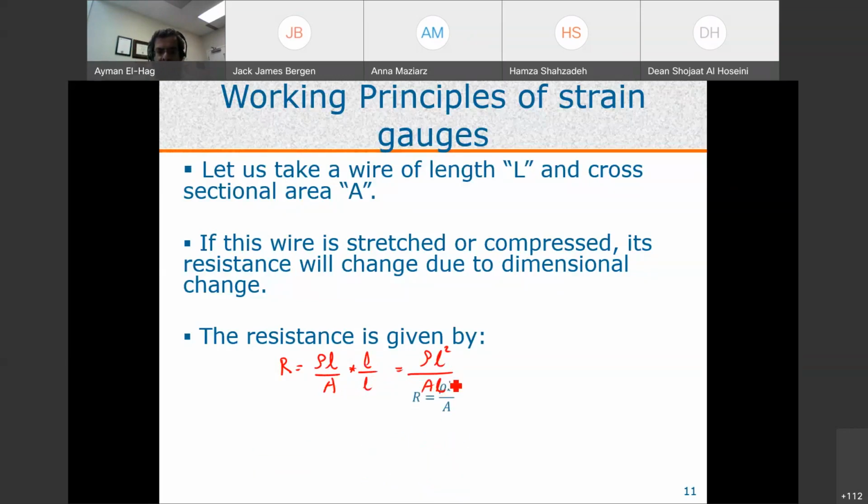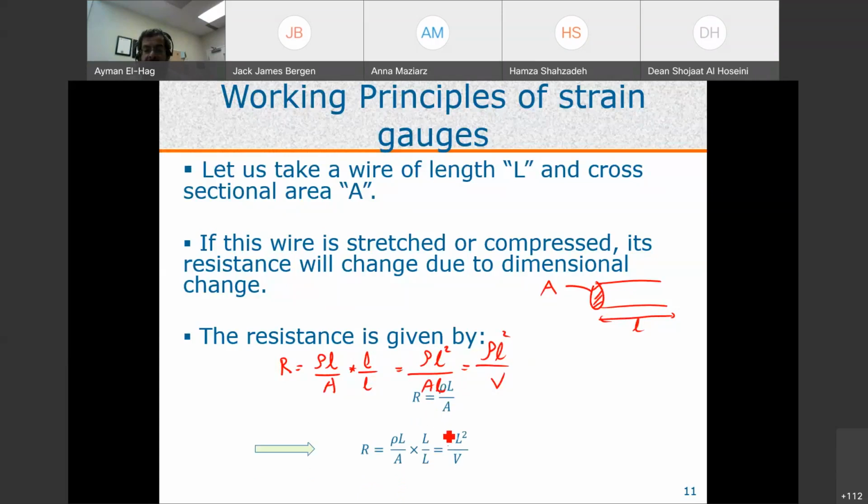So A times L becomes the volume, so this becomes rho L squared divided by the volume. Why the volume? Because if this is your wire, so this is your A and this is your L, and you look at this as a cylinder. So in a cylinder, the cross-sectional area times the length is the volume. So it becomes rho L square divided by the volume. Okay, so here is your formula that you have.